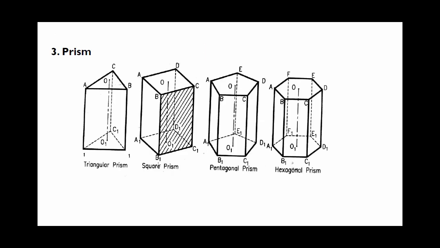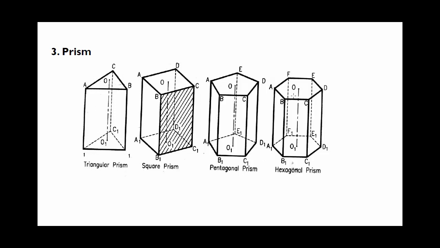Next are prisms. Depending upon the true shape, the prisms are classified as triangular, square, pentagonal and hexagonal. It depends upon the true shape. Here you can see that the base and top surface are similar. For example, in a triangular prism, the base is a triangle as well as the topmost surface is a triangle.